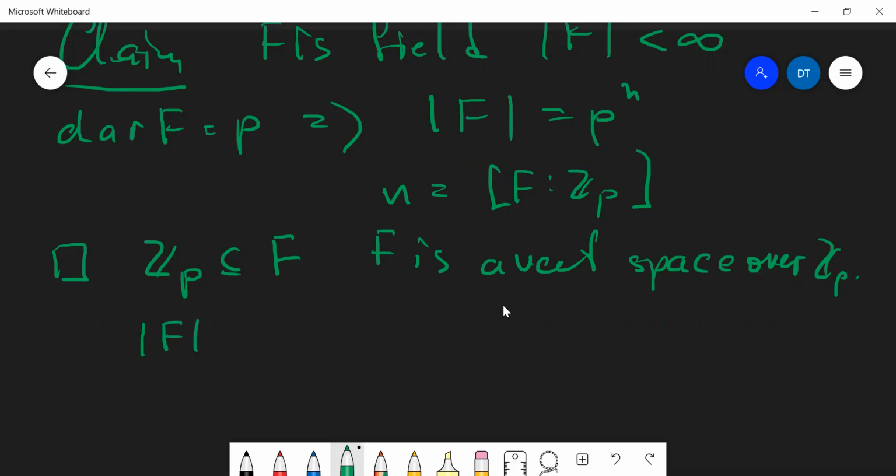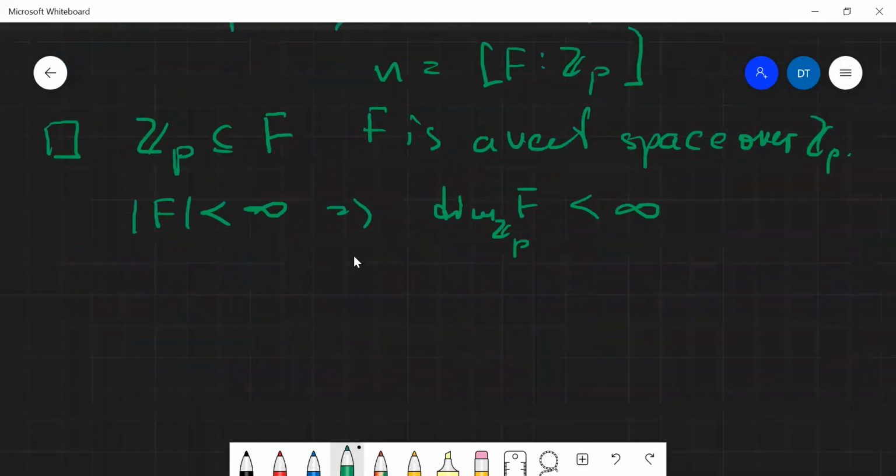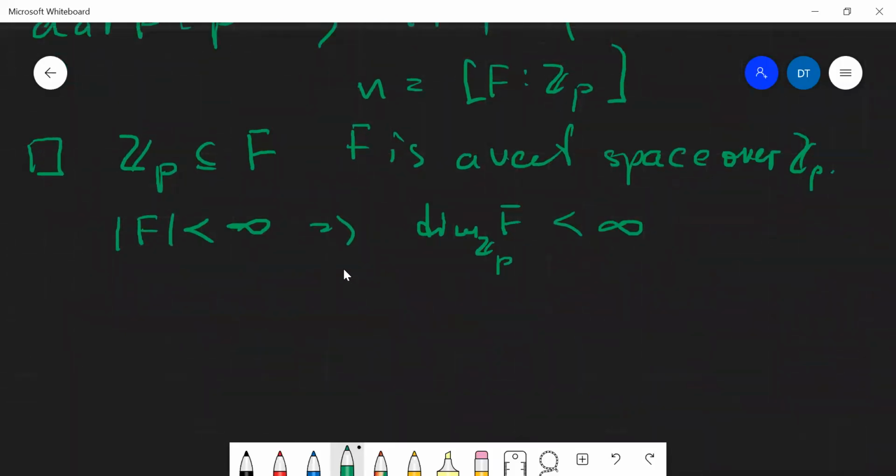So since F is finite, the dimension of F over ZP is also finite. Every basis is finite because there are only finitely many elements. So let me denote the dimension by n.